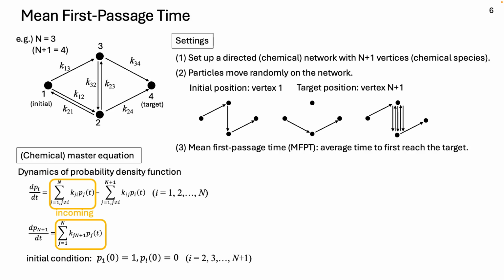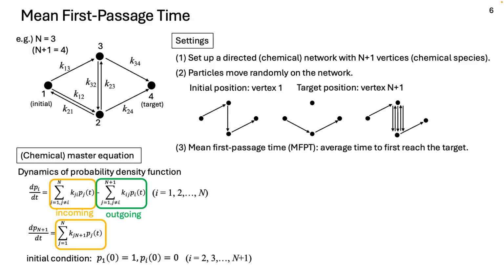The first term is the incoming edge, and the second term is the outgoing edge. For the final target vertex, there is no outgoing term, so only the first term.